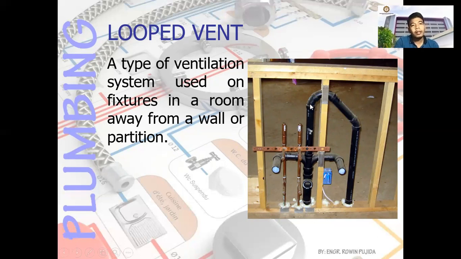Since you cannot connect this pipe to your main vent, since you cannot have the horizontal branch vent here connect with your main vent, you just go back to your horizontal branch pipe, since your wastewater here also flows to that branch pipe. This is an example of that.